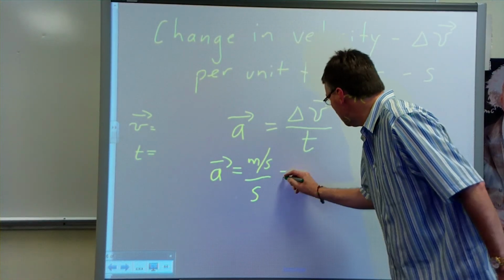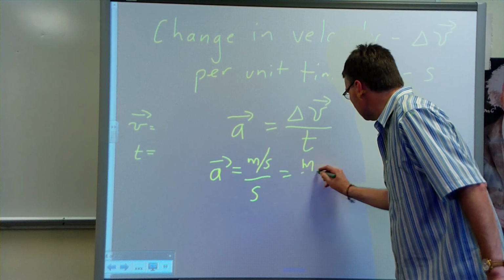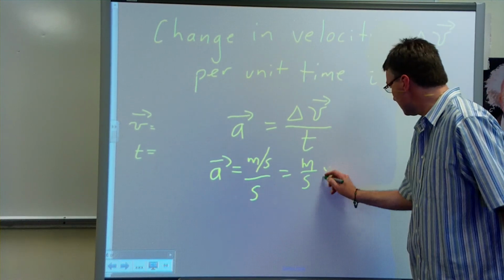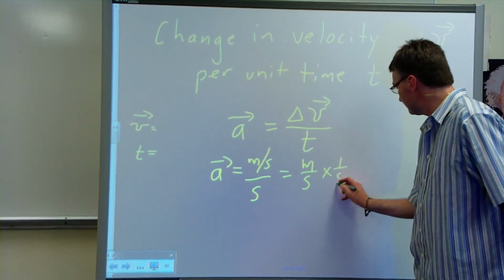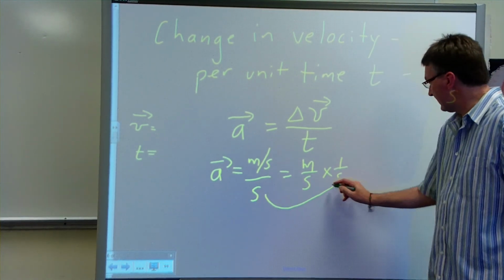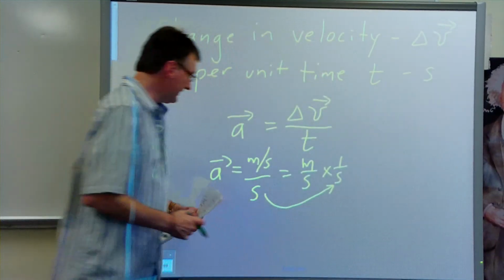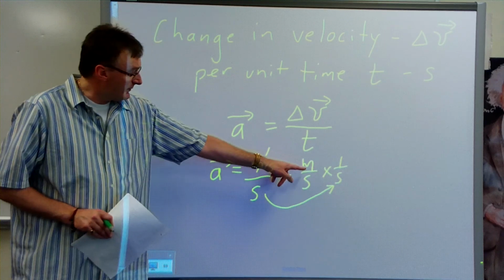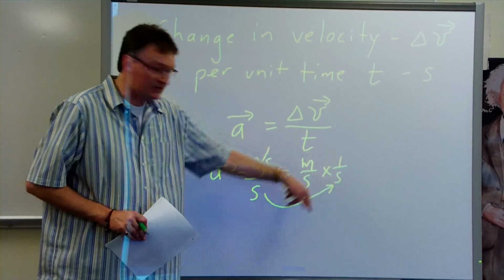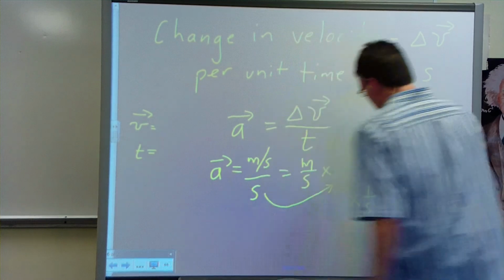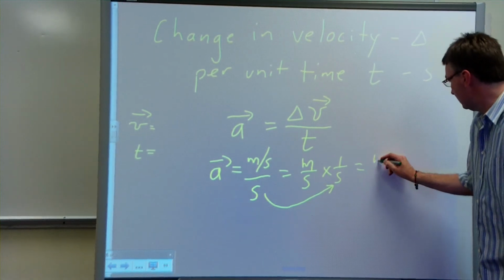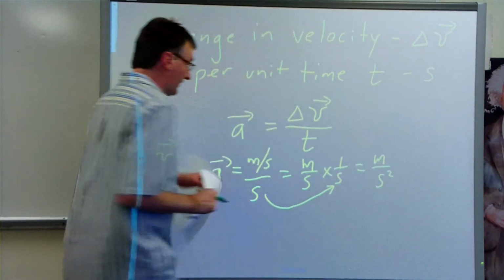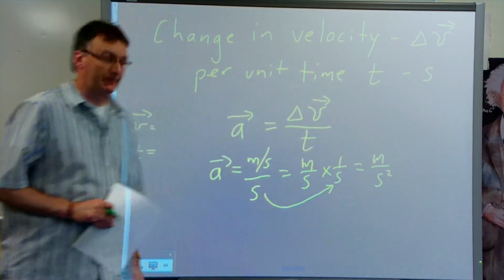So that's meters per second. Now, instead of dividing by the s, I'm just going to write this instead, 1 over s. Anytime you divide by something, you multiply by its reciprocal. So now we have meters per second times 1 over second, and as you can see, when you multiply that out, you get meters per second squared. And so that's where the units come from.